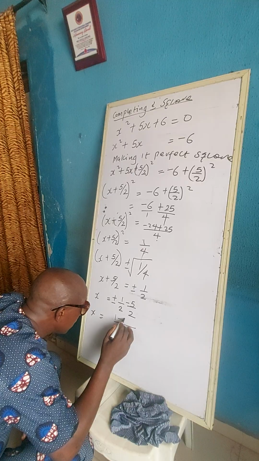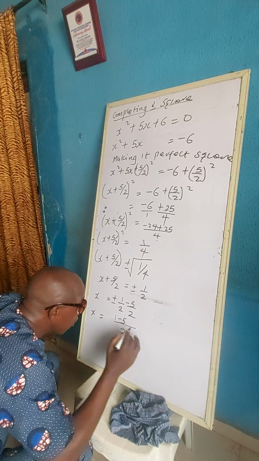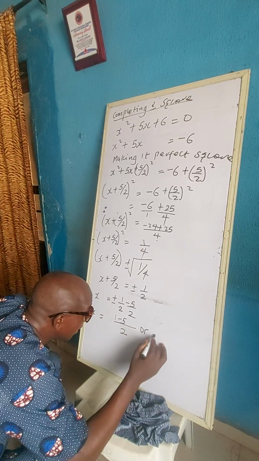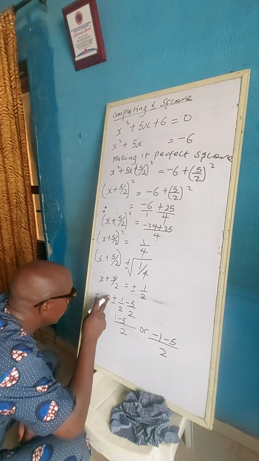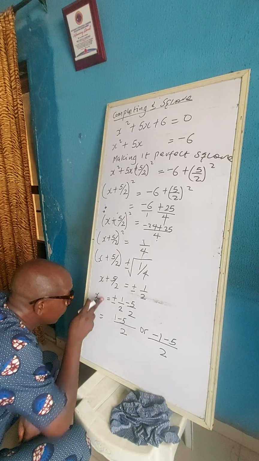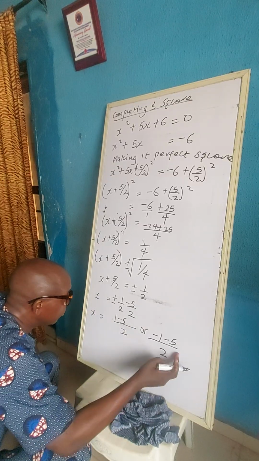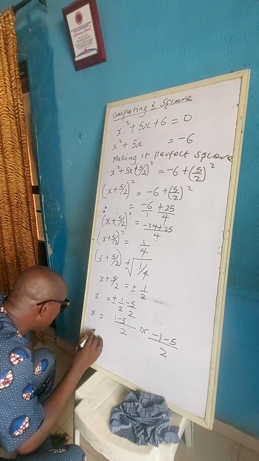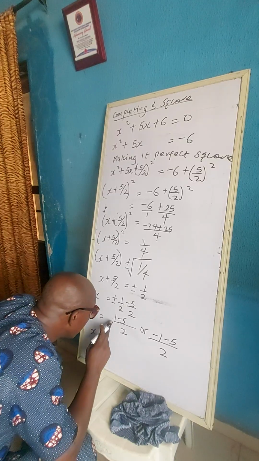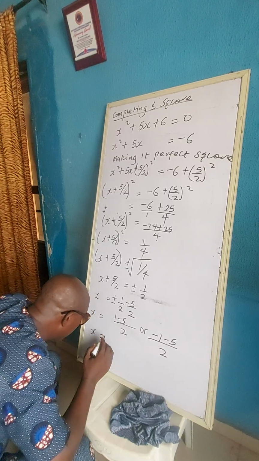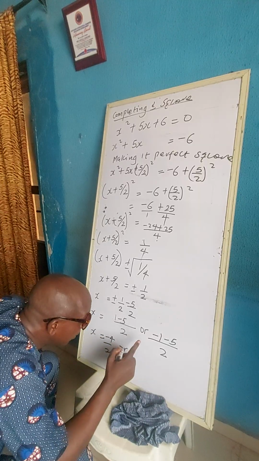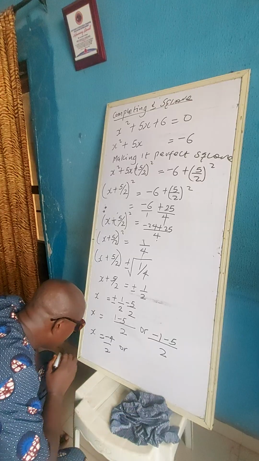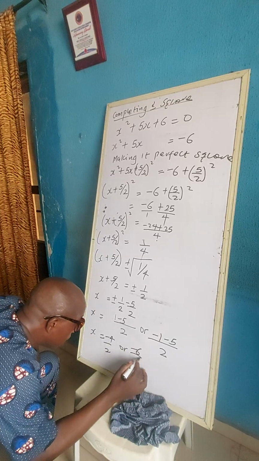Plus or minus: first of all we use plus to get this, and we use minus to get this. Now it becomes x equal to 1 minus 5 gives us minus 4 over 2, or minus 1 minus 5 gives us minus 6 over 2.